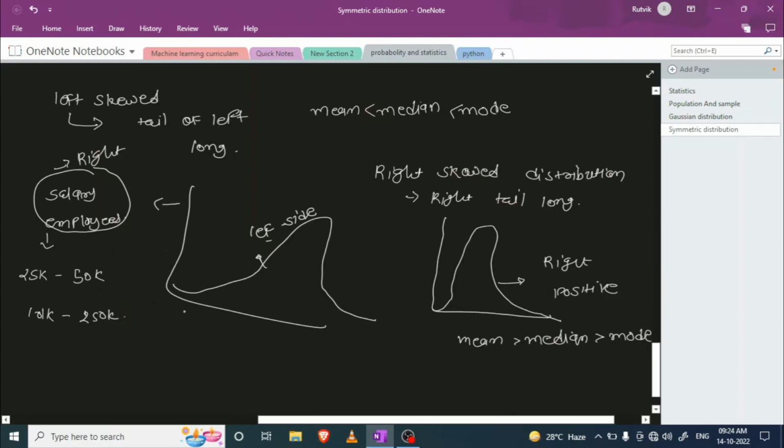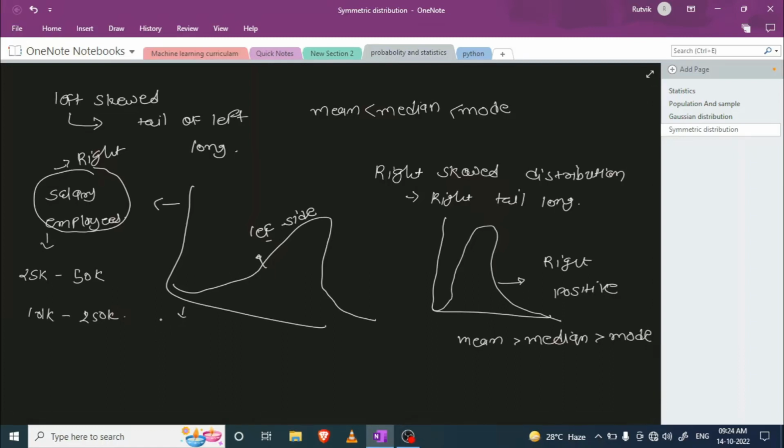And if we talk about the left skewed distribution, what is the example for that? In this case we take the example of death.